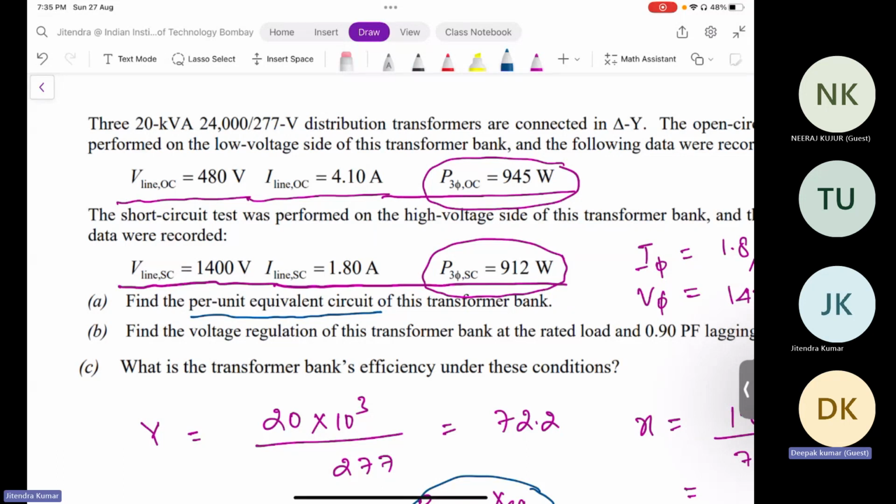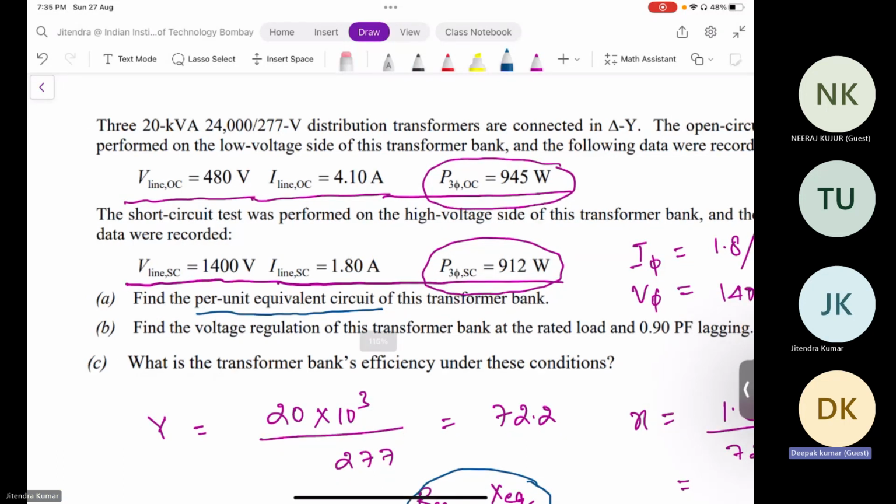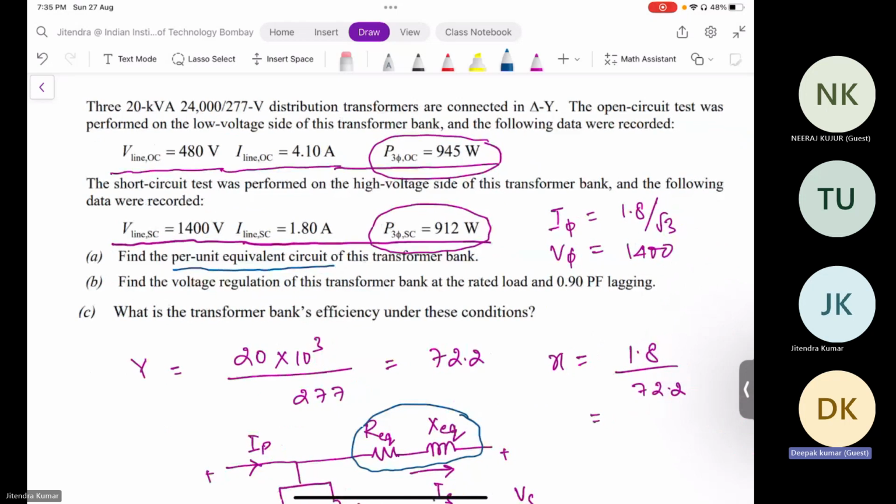Hello. 480 volt. Yeah, go ahead, please. Sir, we are doing the first problem. No, we are doing the second problem. Okay, sir.